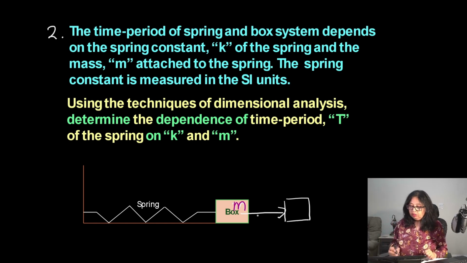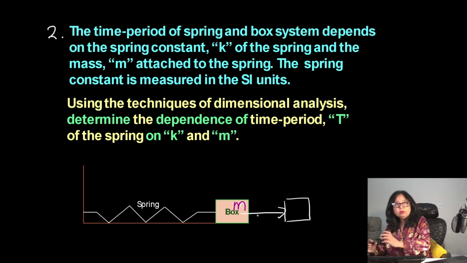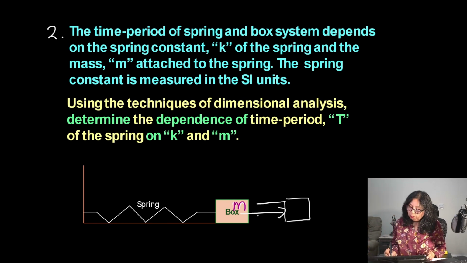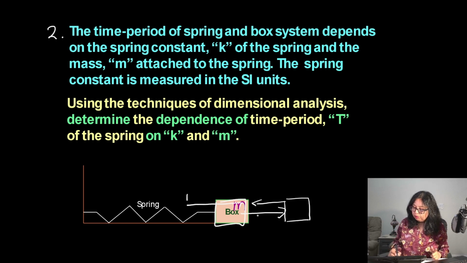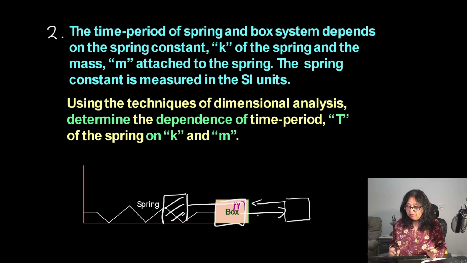No. The spring that has been stretched now, you have stretched the spring, it wants to go back to its original position. So the spring is going to pull the mass back toward this position. However, it is going to overshoot the equilibrium and come over here. And at this point, it will momentarily stop and the system will go back here.